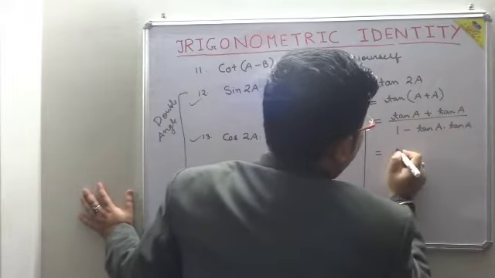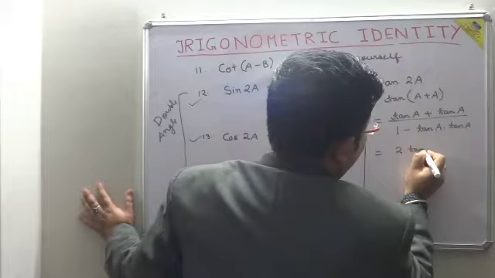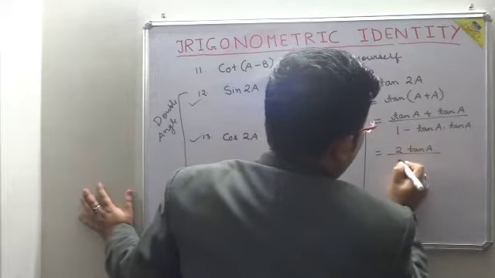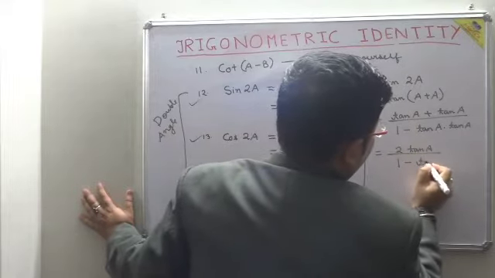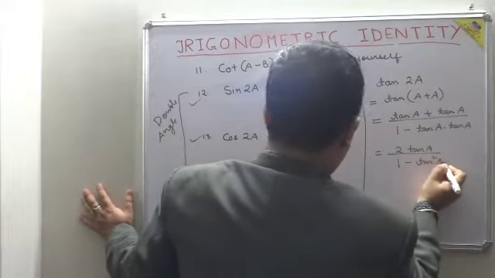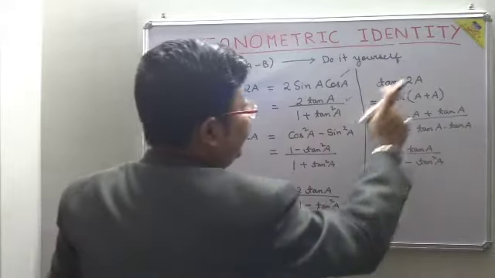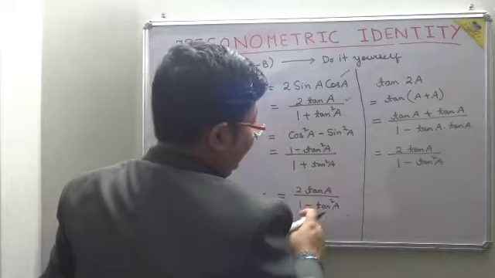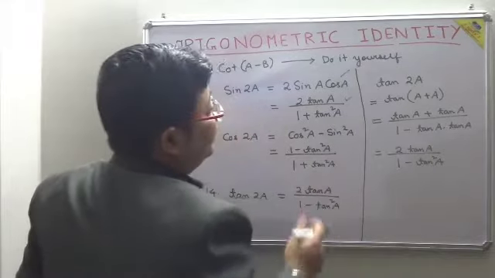So we can write it as 2 tan A divided by 1 minus tan square A. Have we got it? See, tan twice A is equal to 2 tan A divided by 1 minus tan square A. How we got it?